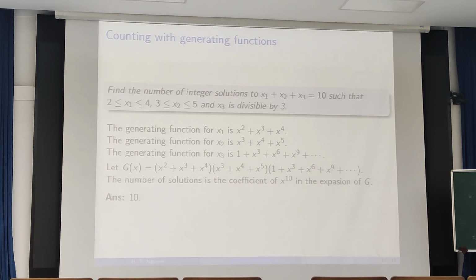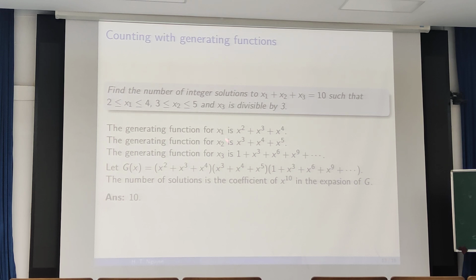Note that in the generating functions, only the exponents corresponding to possible values of each variable are present. Here x1 can only be 2, 3, or 4, so you keep only terms corresponding to the exponent 2, 3, or 4, and all the other exponents you set to 0.